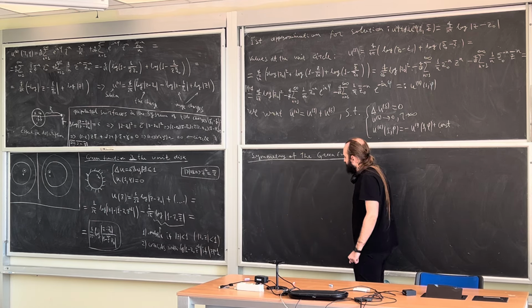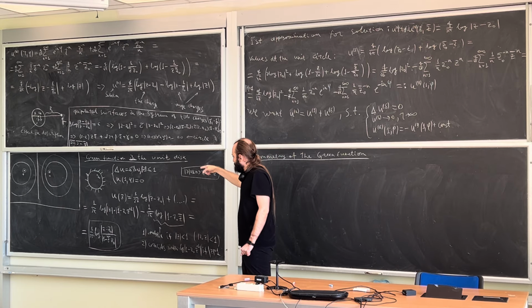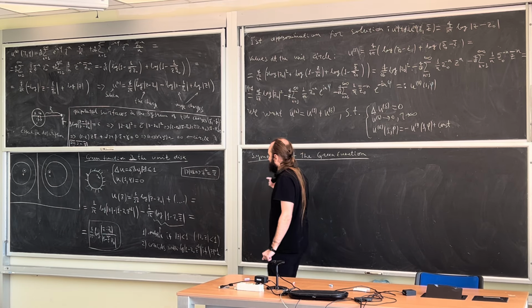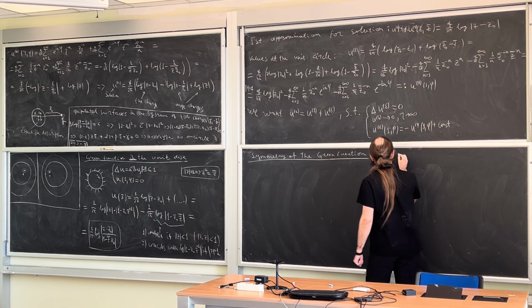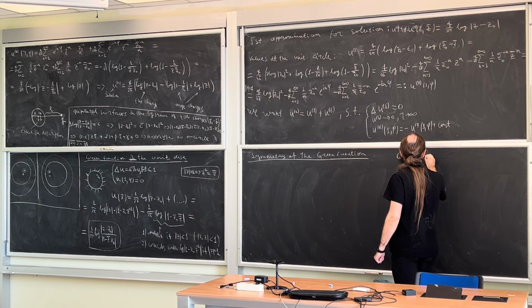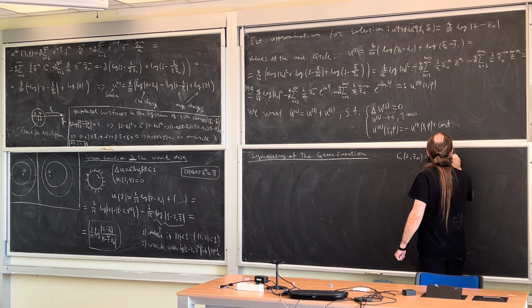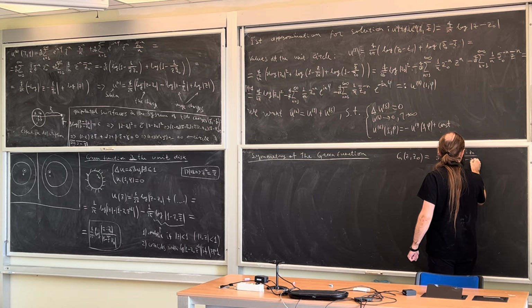So we can notice the following thing, that we were solving this problem for a Green function with delta function at point z0, and we obtained this formula. G of z, z0 is 1 over 2 pi logarithm of absolute value of z minus z0 over absolute value of 1 minus z bar times z0.